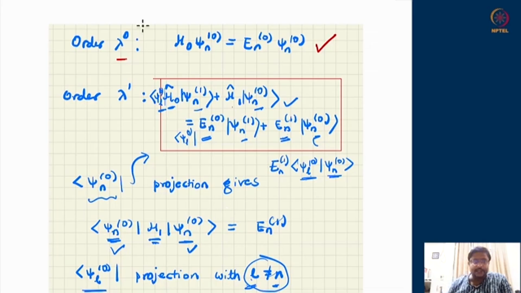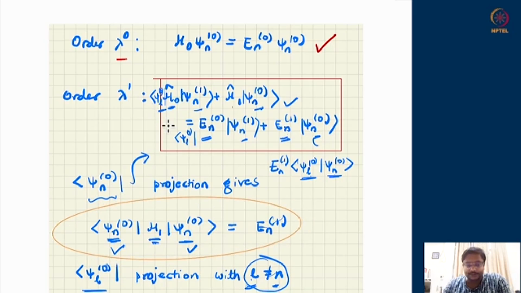So we ended up getting these results: if I have a perturbation Hamiltonian H1, it brings out this as the first order correction in the eigenvalue, En1. This is just the expectation of the perturbation Hamiltonian between the states of the nth eigenenergy level of the unperturbed Hamiltonian.